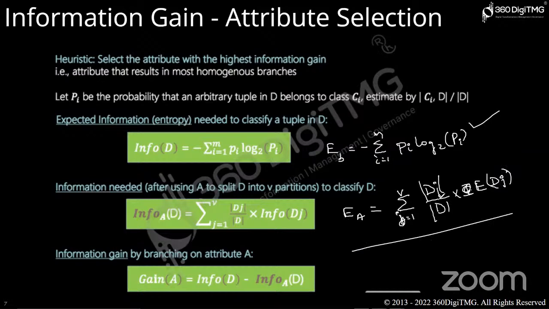We'll show you an example of how to calculate this. Information gain will be entropy before minus entropy after. This way we calculate entropy and information gain.